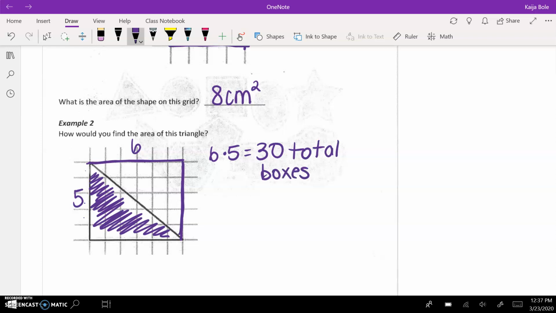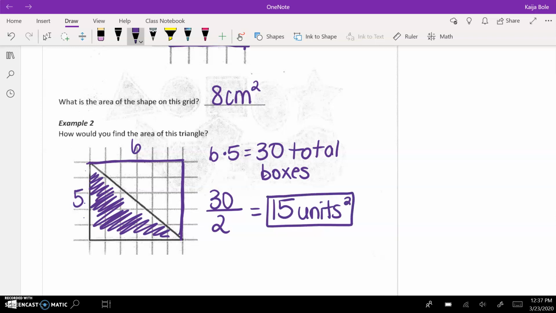Okay, but we only want the triangle, which is half of the rectangle, so we're going to take our 30 and divide it by 2. So the area of the triangle would just be 15. And since we don't know what the measurement unit is, we would just say units squared. All right. And then you may go ahead and flip the page.